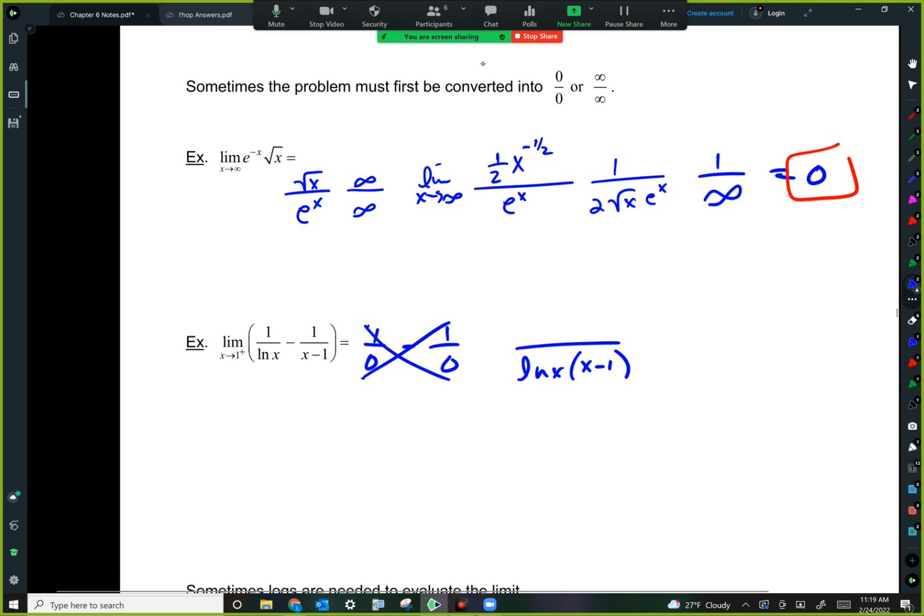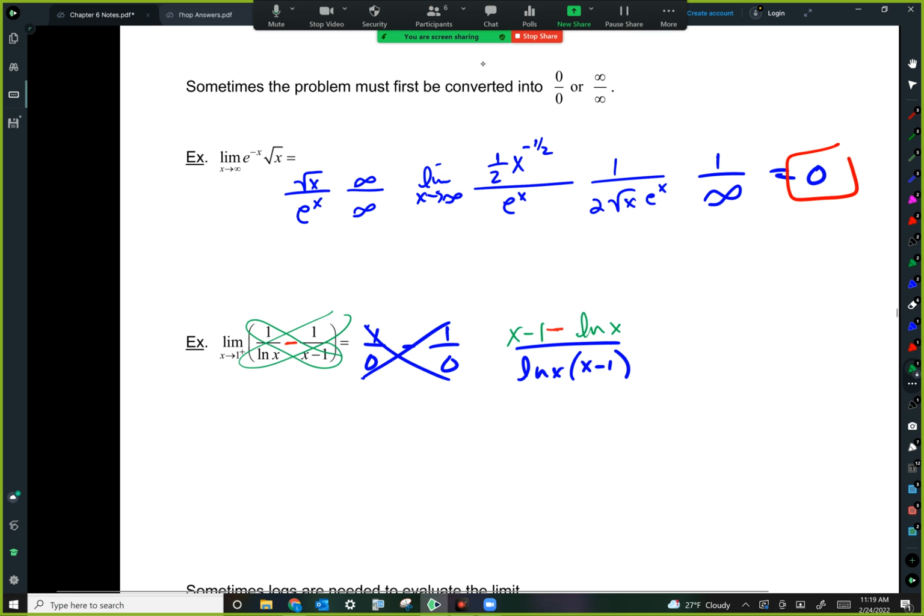If you do that, it's easy to get the numerator because the numerator is just going to be the diagonals. The first diagonal, 1 times x minus 1, x minus 1. And then because this one was subtraction, I'm going to keep it subtraction. And the second numerator is the other diagonal, which is just natural log of x times 1. So if I were to get a common denominator, that's what I would have.